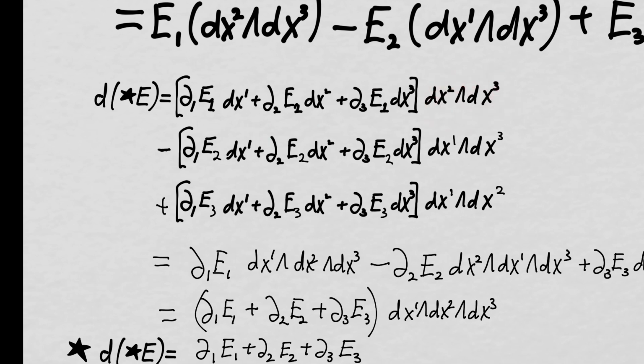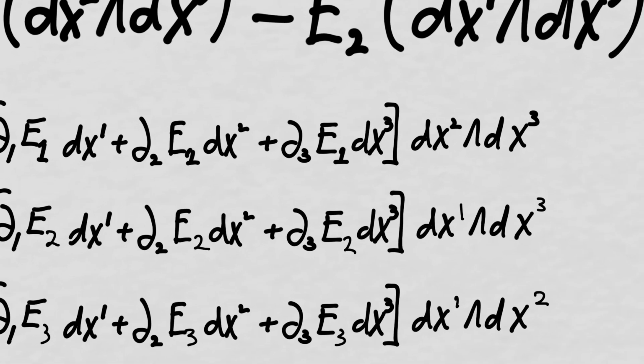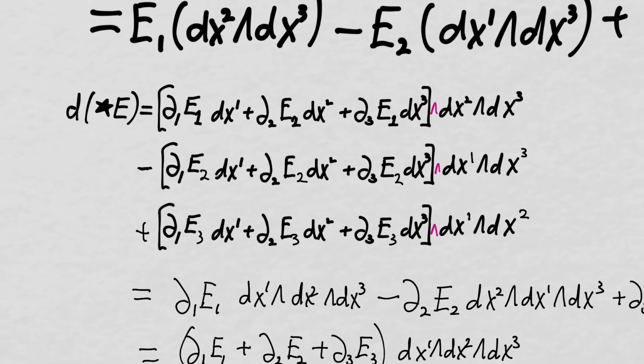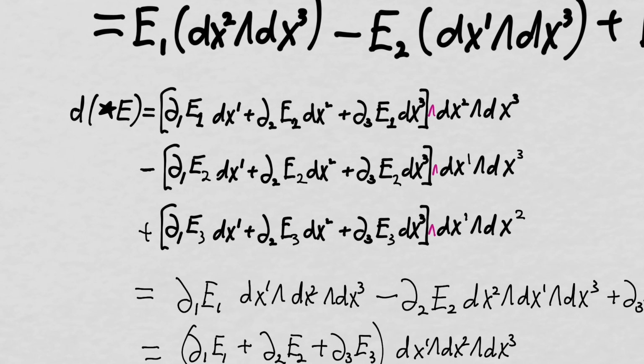Actually, now that I'm looking at this, there should be a wedge in each of these things. The exterior derivative is always one form higher than the form that you're taking. So the exterior derivative of a two form has to be a three form.